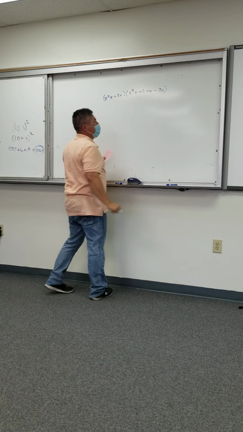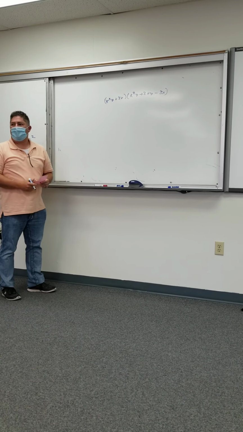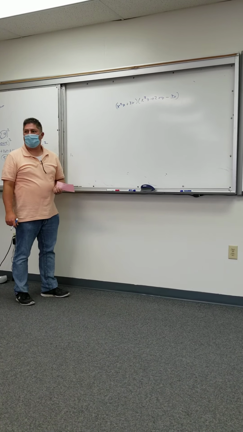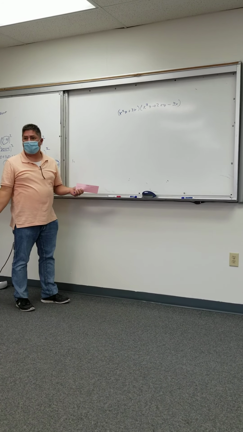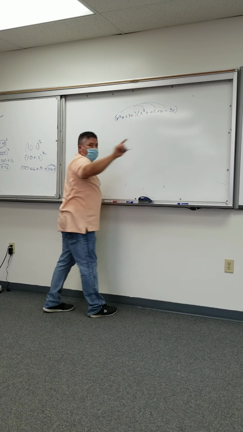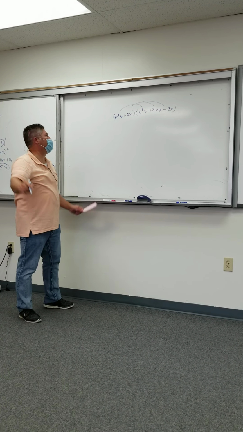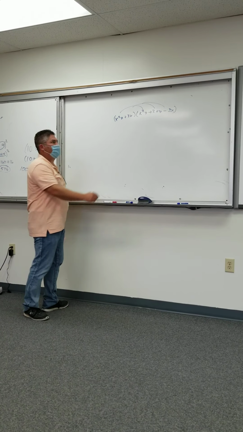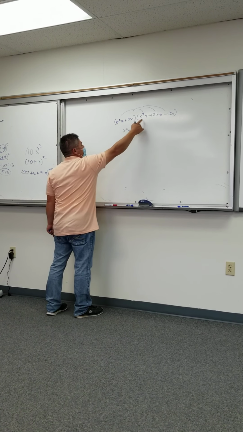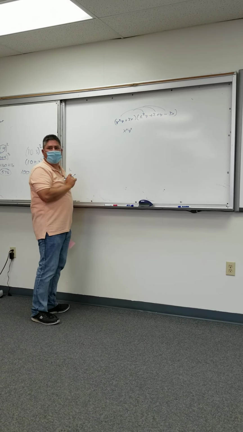Okay? What should I do, Caleb? Just use the distributive property, right? I'm going to distribute this all the way through. Sabrina, distribute the x squared y all the way through for me. So x to the fourth and y to the second. Good. What did you do with the exponents?